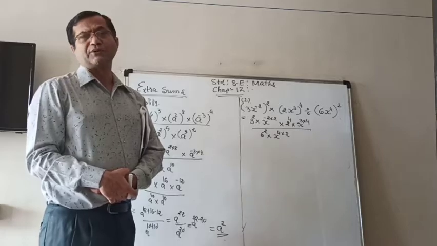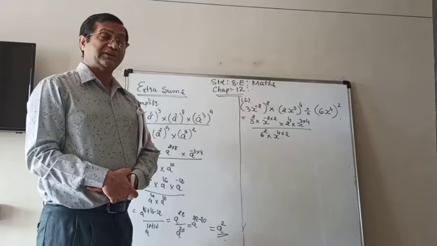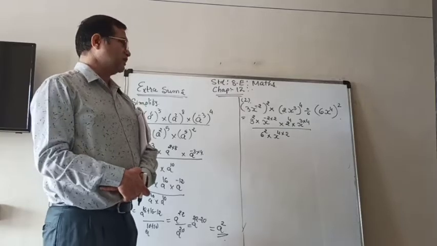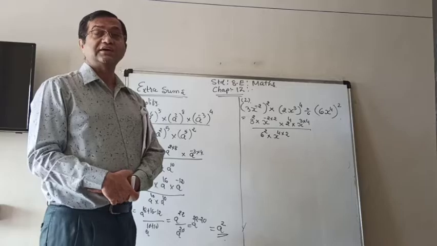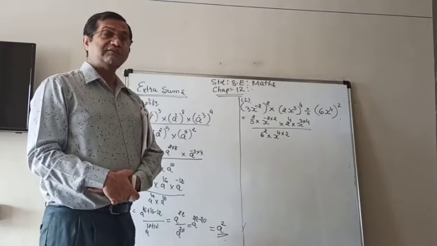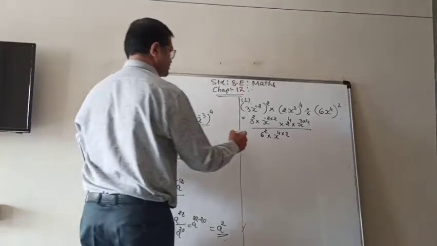So that is the most important thing when there is a bracket. Most of the students, sometimes even clever toppers, make the same mistake because they are in a hurry. In a hurry they will make mistakes. So just remember the rules.